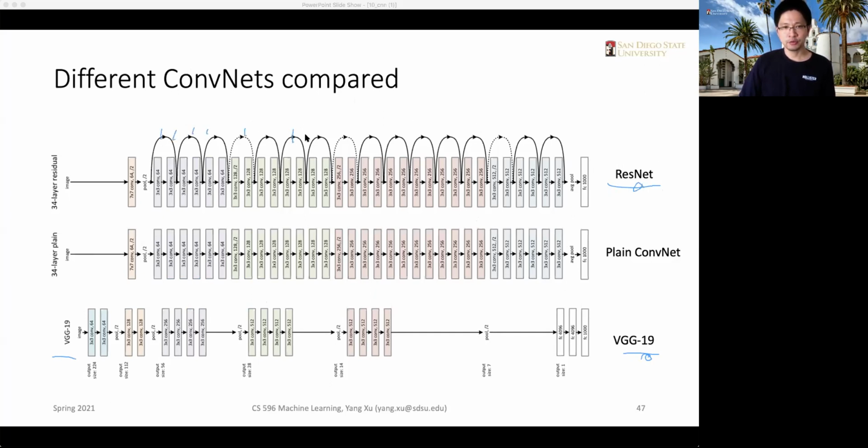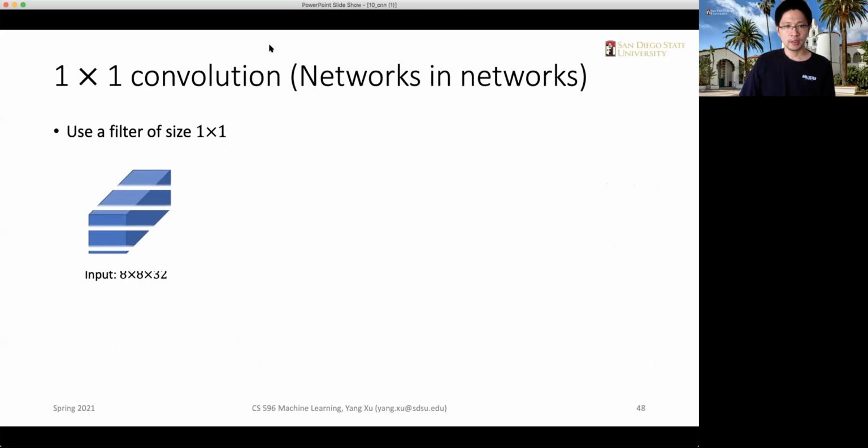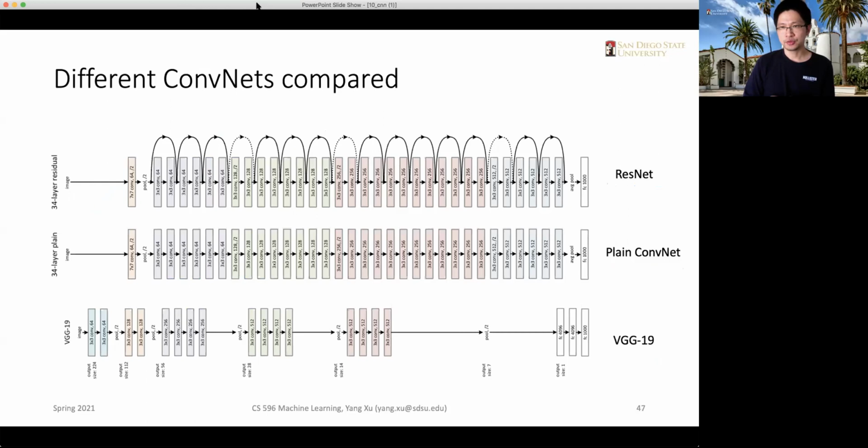If we remove those connections, then the ResNet would not be that different from a plain convnet. And the results are also amazing to solve the degradation issue, and to make it much easier to tune a much deeper network. Okay, so that's for the ResNet.